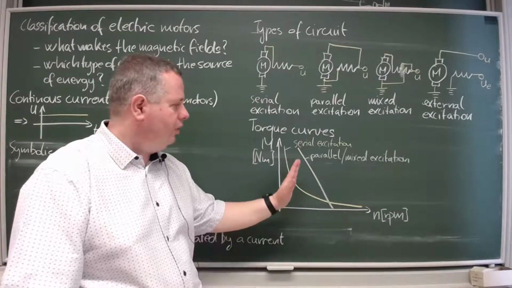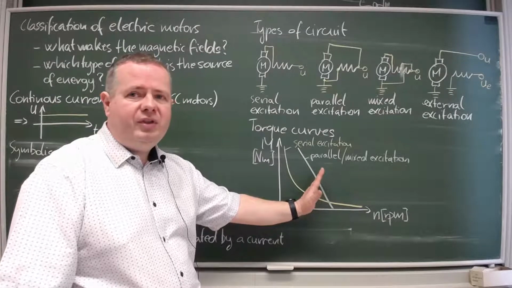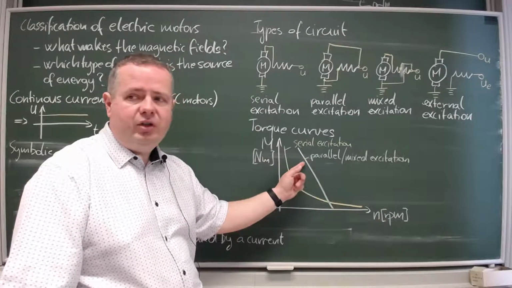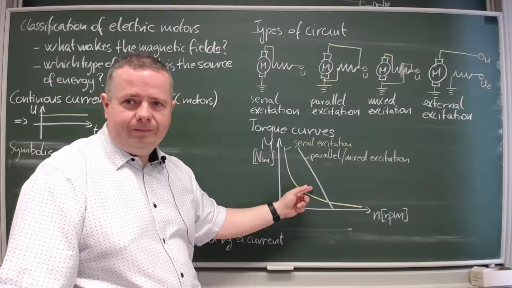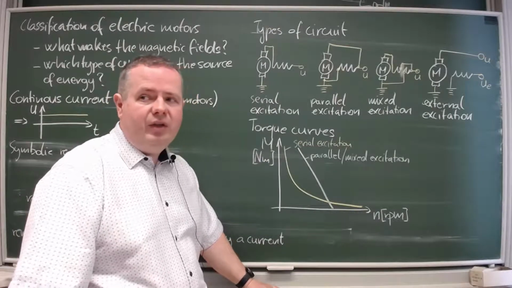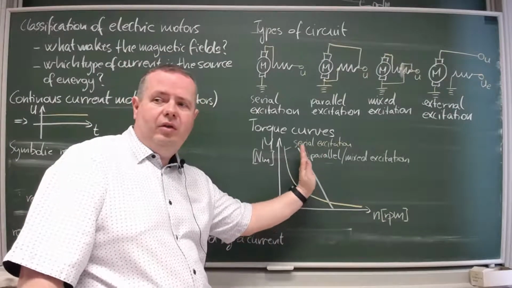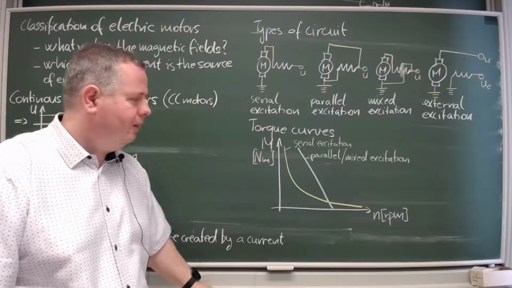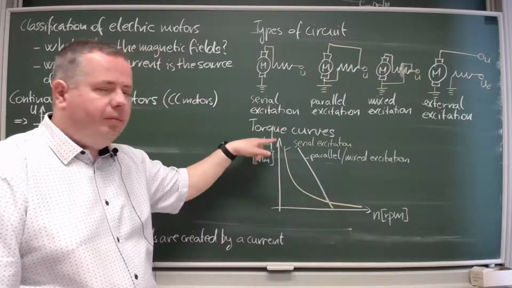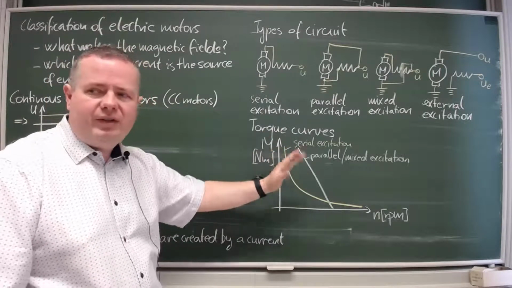If your load is decreasing, the RPM changes very little. And in the opposite direction, if the load is increasing, the RPM also changes very little. By the setting of the winding and electric motor parameters, you can set the slope of the line. It's practically a line, while the serial excitation curve is more a hyperbola, and here also you can tune the shape, but it's more or less a hyperbola.